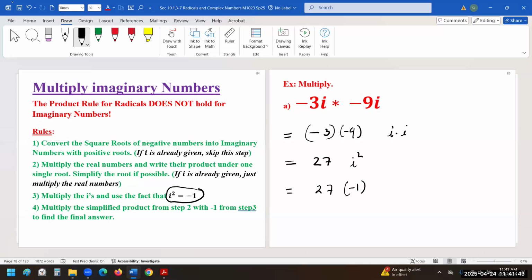One imaginary number is imaginary, but if you multiply two of them, it becomes real. So this is negative 27, a real number. We started with two imaginary numbers. When you multiply them, they become real. Sorry, I shouldn't say anytime. Most of the time, if you multiply two imaginary numbers, they become real.